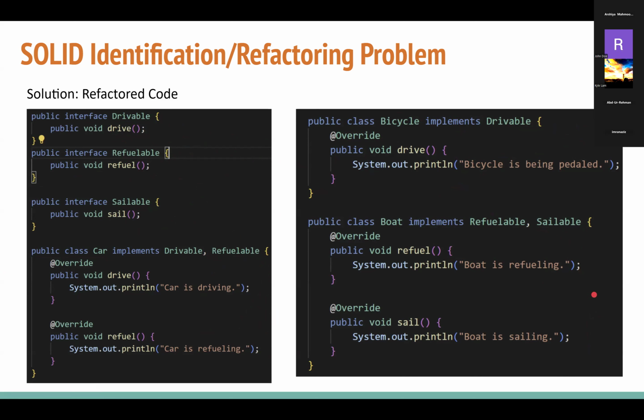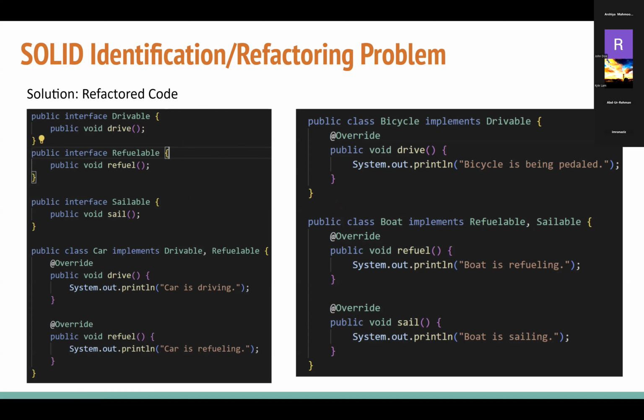And by doing this, we resolve ISP pretty clearly because now we have separate interfaces. OCP is no longer violated because for any new vehicle which might need a new method, you can just create a new interface for it.